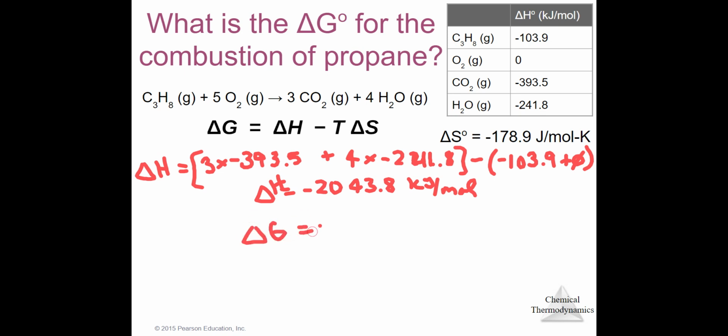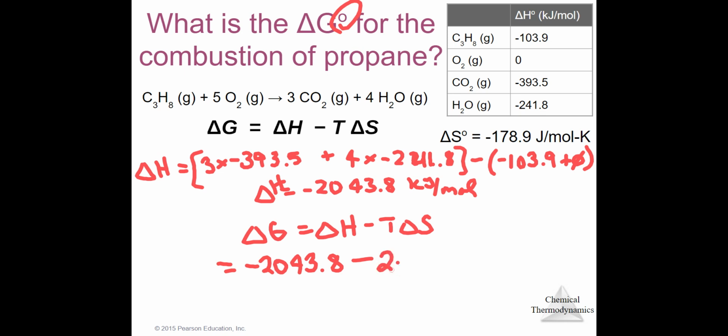So delta G is equal to delta H minus T delta S. We just calculated our delta H, so negative 2043.8 minus temperature. Now if we look, we're trying to figure this out at standard state, right? So we're just going to say 298 degrees Kelvin times our delta S. Now here's where you need to be careful.